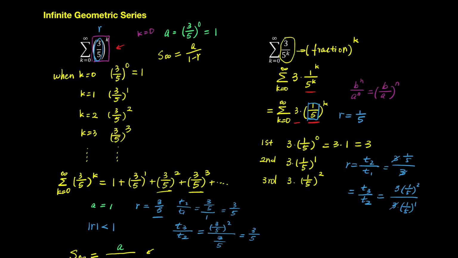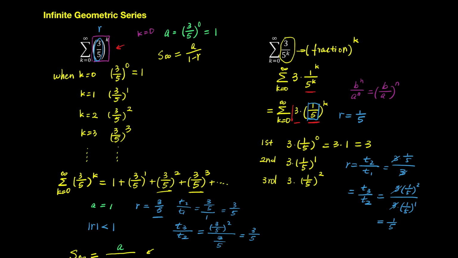So you see this 3 cancels this 3. And the common ratio is still 1 over 5. So this confirms that the common ratio r for this series is 1 over 5. And the factor in the front of this fraction doesn't affect it.